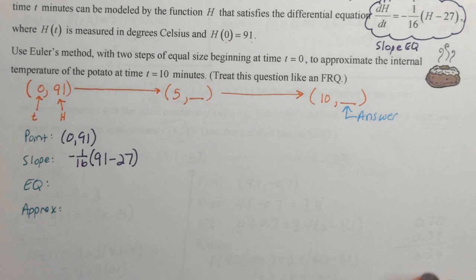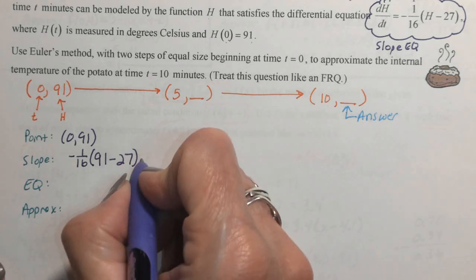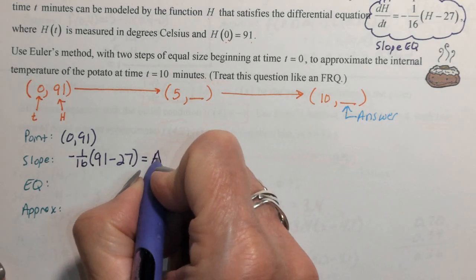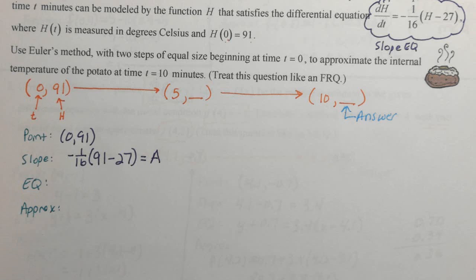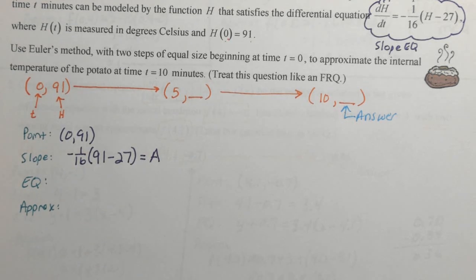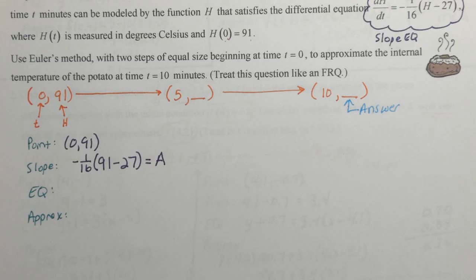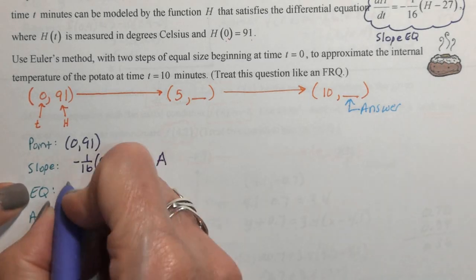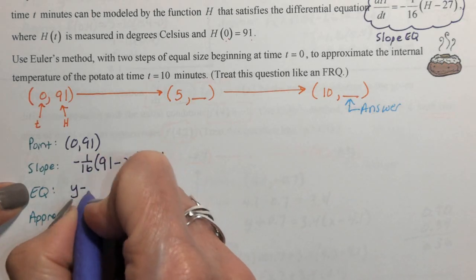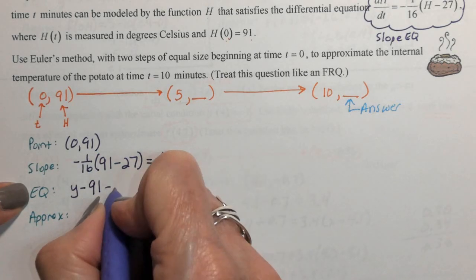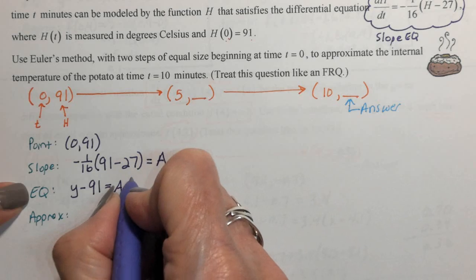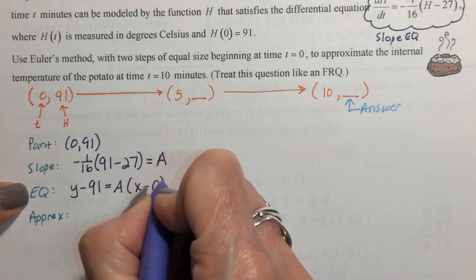This is an FRQ, so I'm not going to deal with this. I'm going to call this something that I can move forward with. I'm going to call that A. So instead of subtracting and then multiplying, I'm not going to do it. I'm just going to call it A and use A. Therefore, my equation will be y minus the y-coordinate of our point is equal to the slope times x minus the x-coordinate of our point.